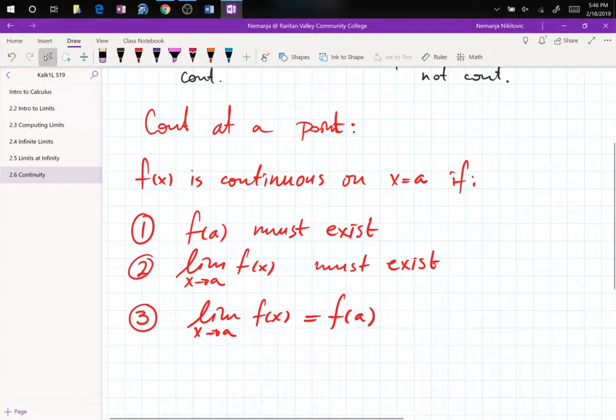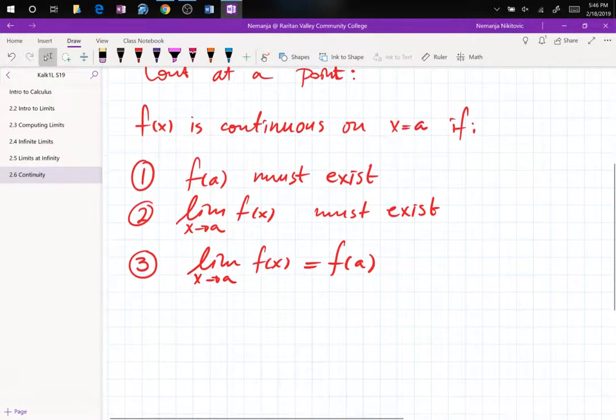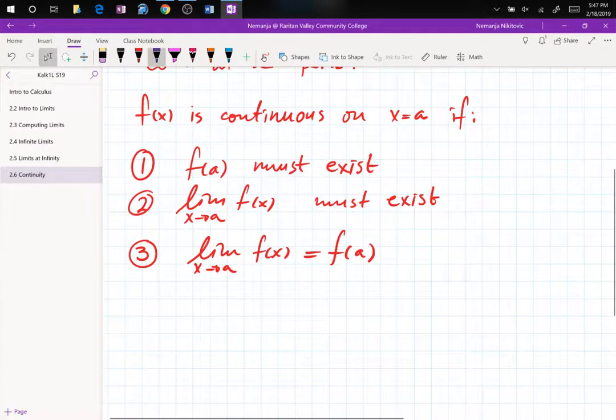So these are your three rules that you have to check to determine if the function is continuous at a single point, at the point a. Now, before I do any examples, I'm going to talk about notation, because if I put on the test, state the rules of continuity at the point, you are supposed to write these three.